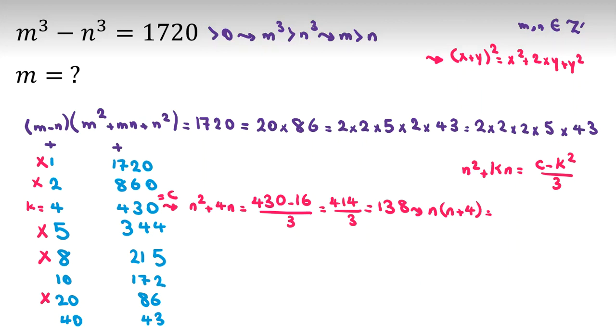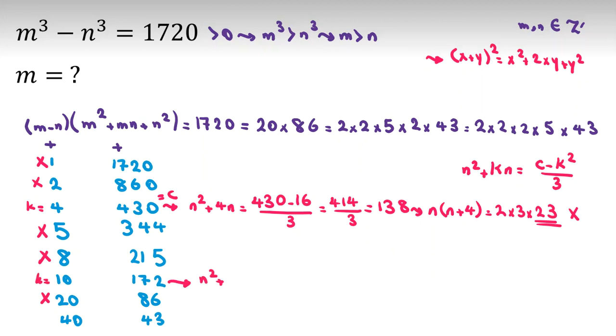It is 2 times 69, or you can say 2 times 3 times 23. Now, let me find a good way. For example, 2 times 3, 5 cannot be this. Any of them that is multiple of 3 concludes that the number will be greater than 138. It's not possible.